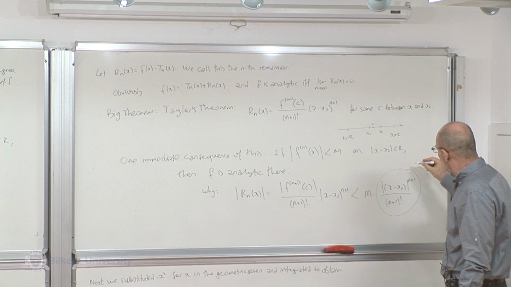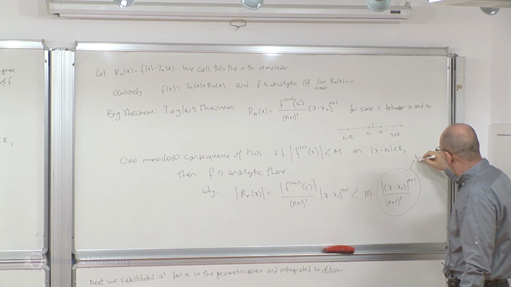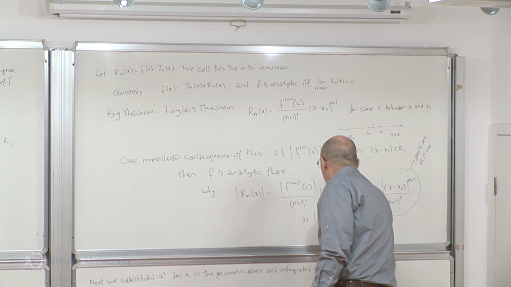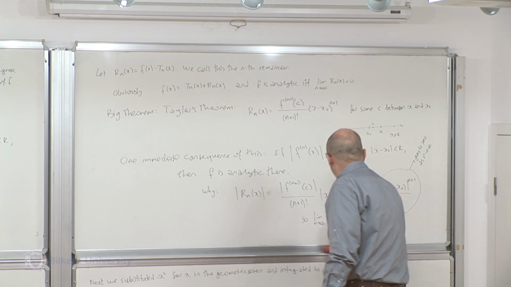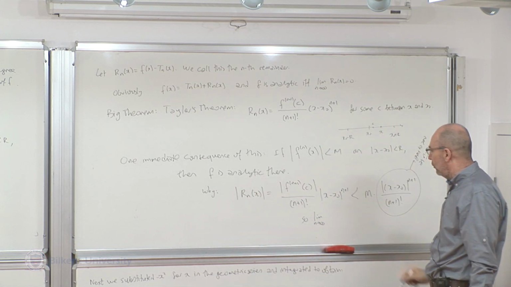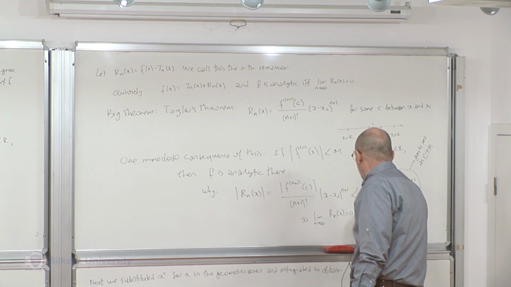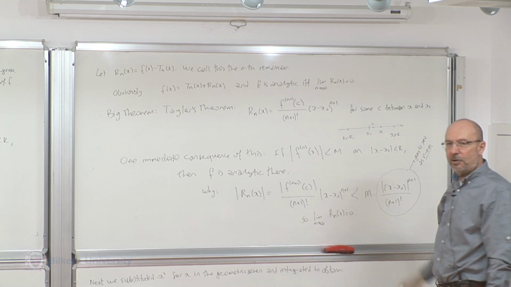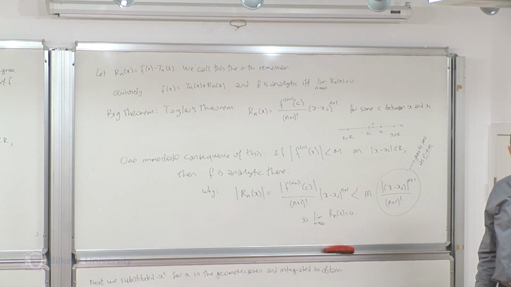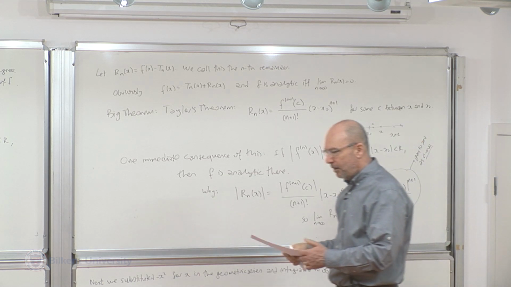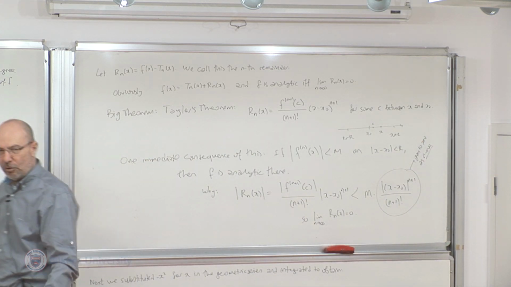We know that this goes to 0 as n goes to infinity. So taking the limit as n goes to infinity of R_n(x), it is equal to 0, and by definition f is analytic there. Next we will exploit this fact. Any questions so far?